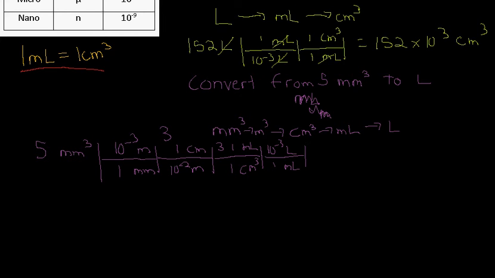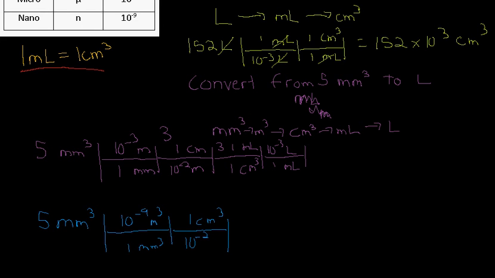Switching colors here. I have to distribute all these cubes into their respective places. So this becomes 5 millimeters cubed times 10 to the negative 9th meters cubed over 1 millimeter cubed, times 1 centimeter cubed over 10 to the negative 2 meters cubed, times 1 milliliter over 1 centimeter cubed.